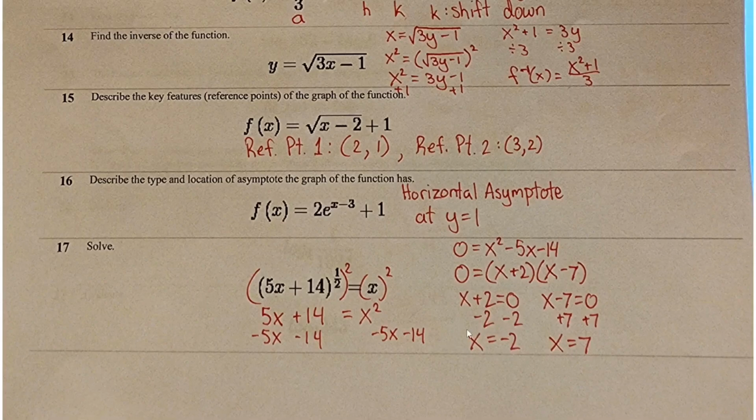But this one on the left, he's an imposter, and I forgot to include that. He is an extraneous solution because if you plug in -2 to the original, you end up with, let's see, -2 times 5 is -10, plus 14 is 4, and we get the square root.